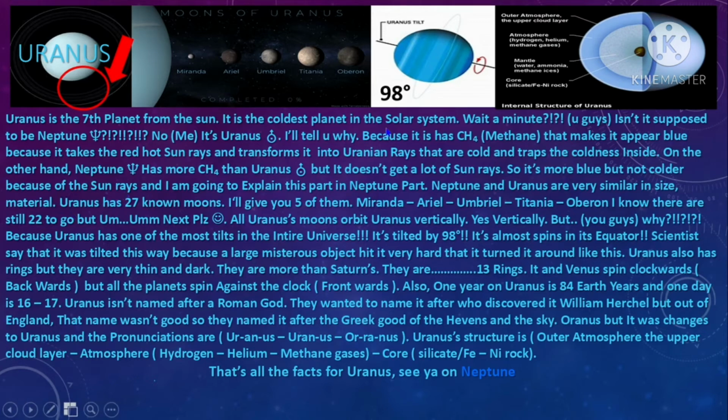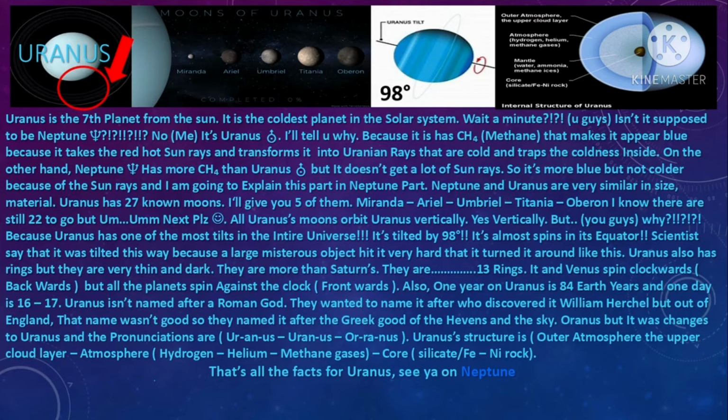Uranus is the 7th planet from the Sun, and it's the first to be discovered with a telescope because it's far more than Saturn. Because Saturn is closer to us than Uranus, so it is the first to be discovered by telescope.